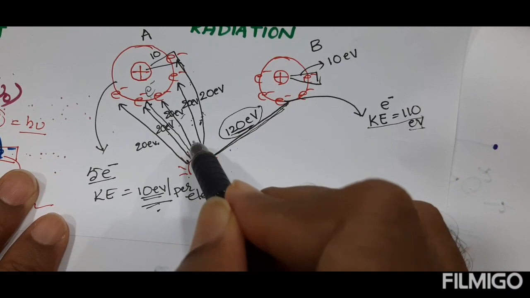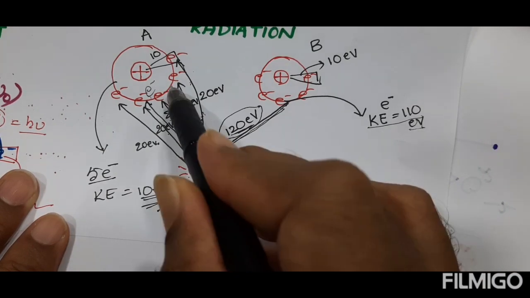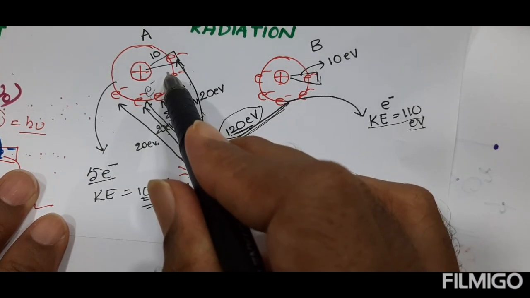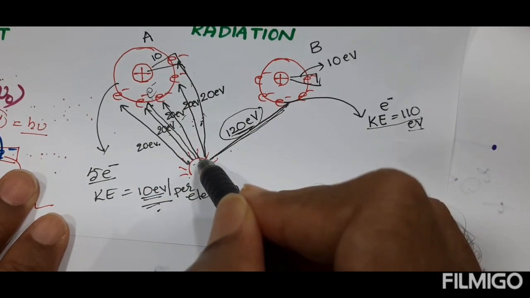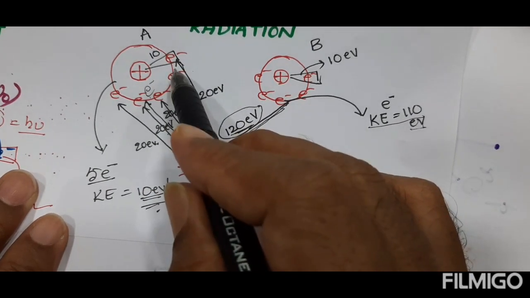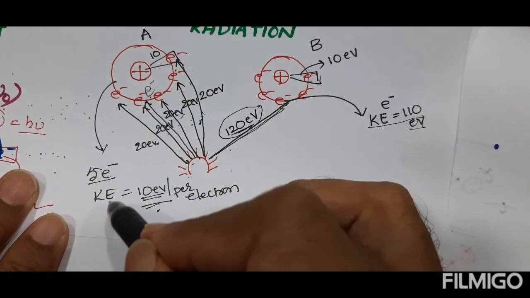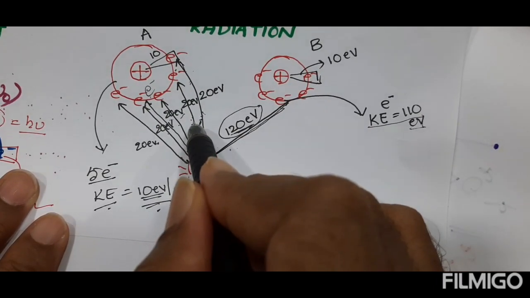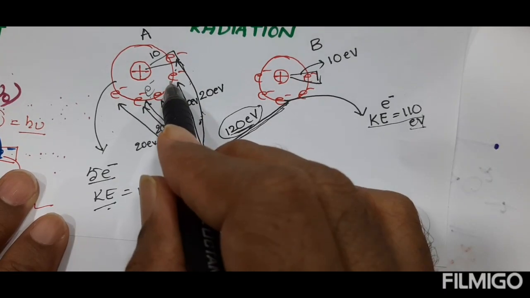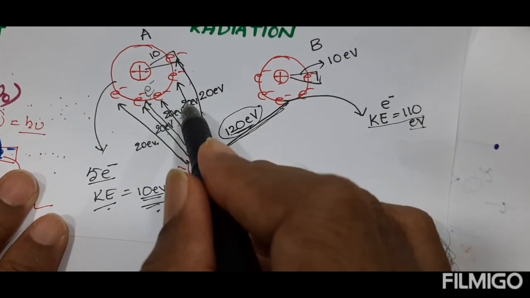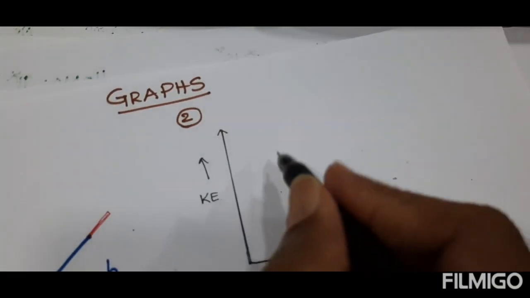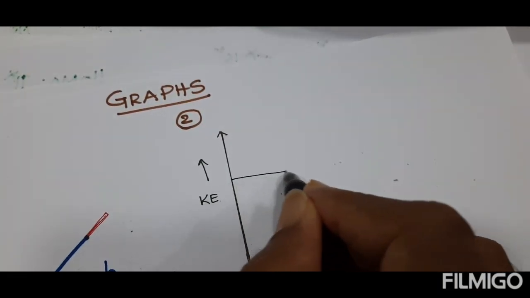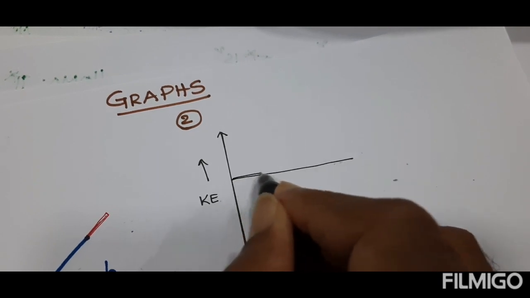Kinetic energy will not change with the number of radiations falling on the metal surface. So kinetic energy is independent of the number of radiations hitting the metal surface. Number of radiations means intensity. So kinetic energy is independent of the intensity of the radiation.